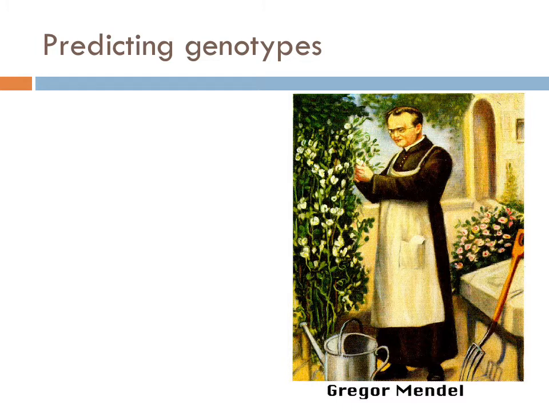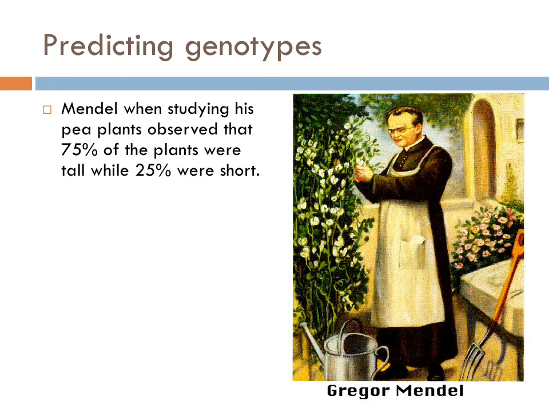He had some pea plants that were tall and some other pea plants that were short. He noticed when he studied his pea plants that around 75% of the plants were tall, while 25% of them were short. Now I want you to think, which of these characteristics is dominant?